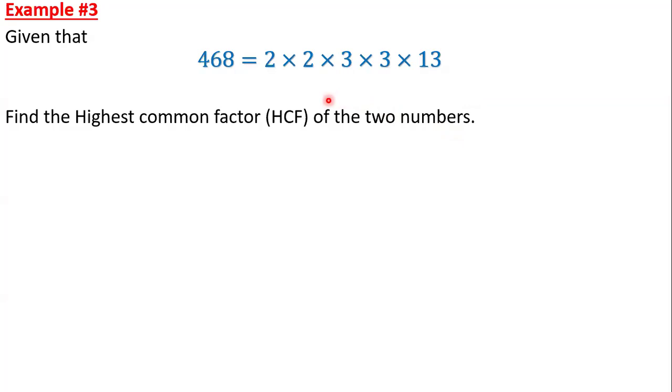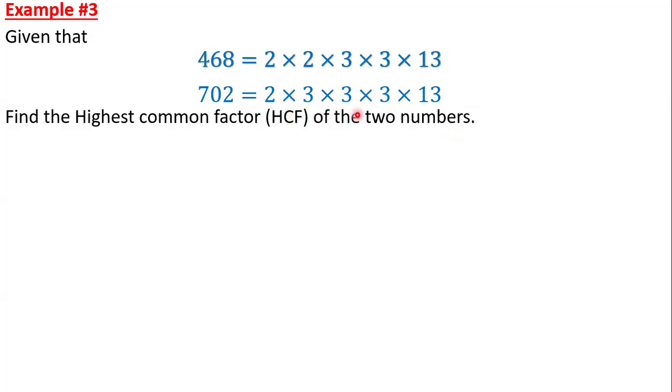You don't have to use the factor tree because they already give it to you. And then you have 702. What is the prime factorization of 702? 2 times 3 times 3 times 3 times 13. Very good.